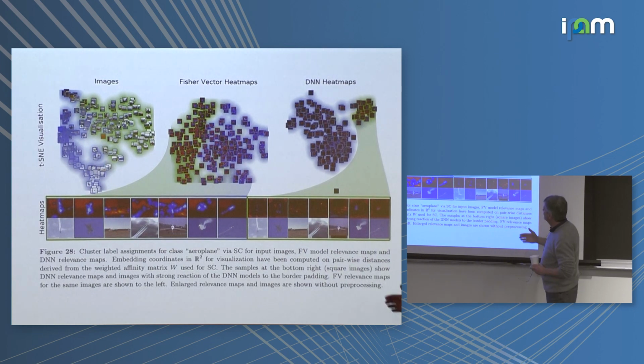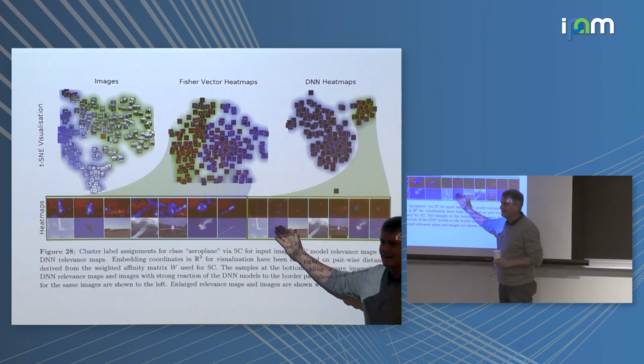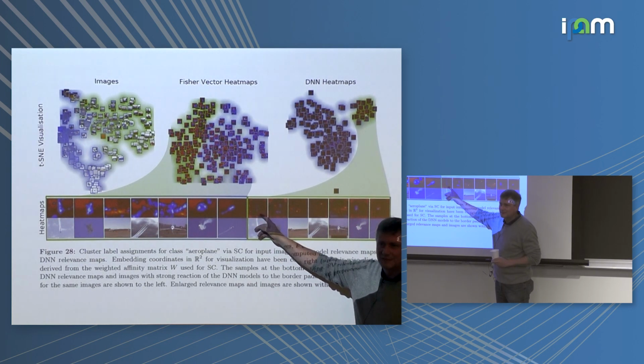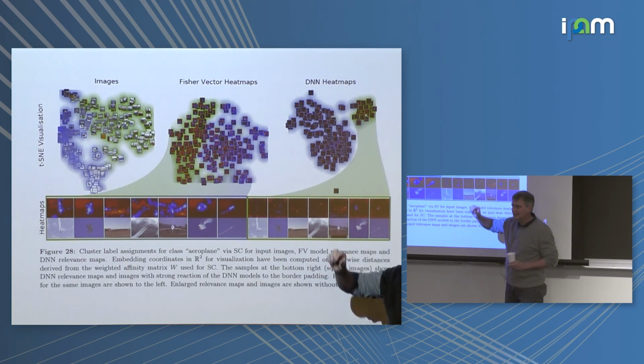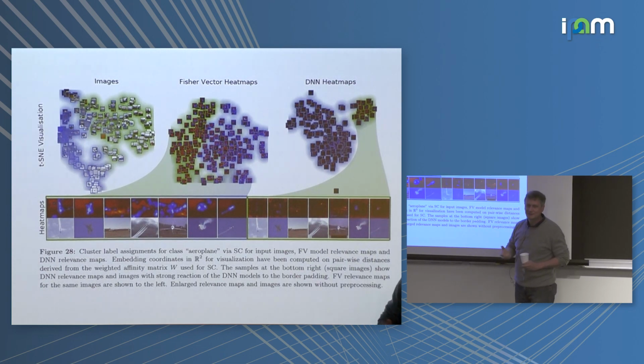So it's classifying airplanes correctly, but the reason for it is some pixels at the edge. And so you wonder what's happening.